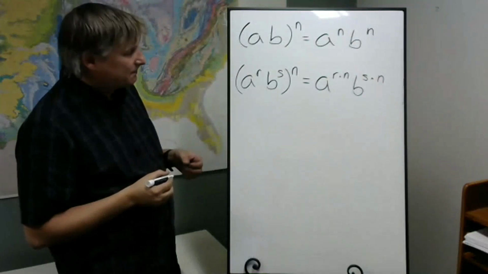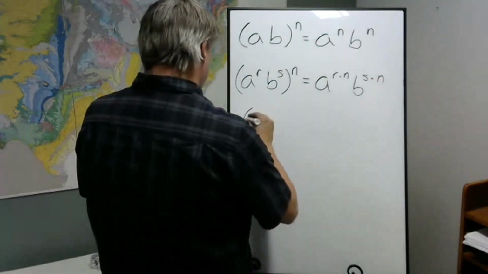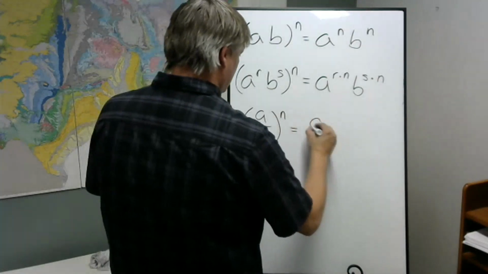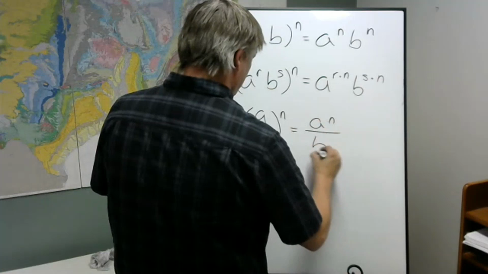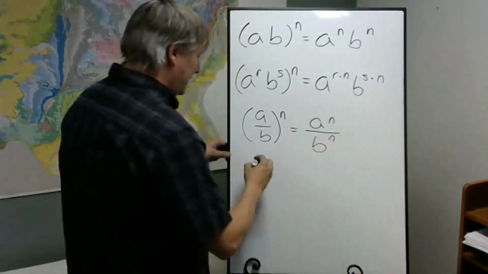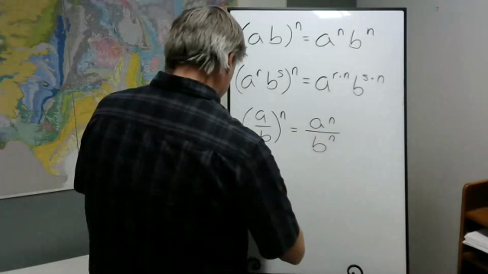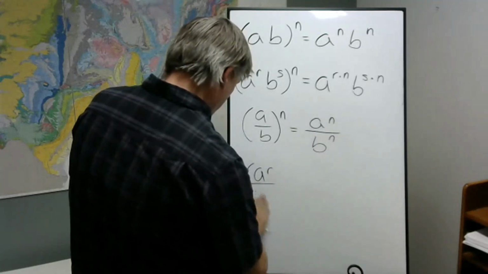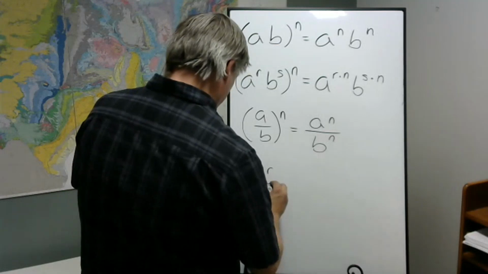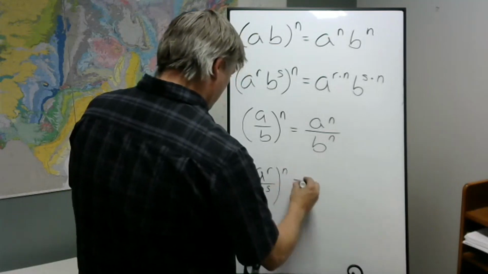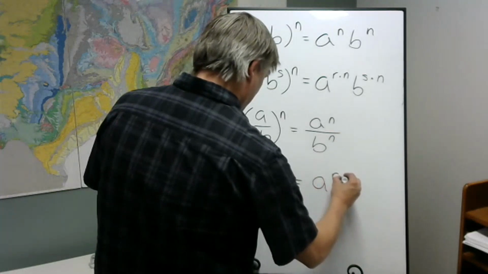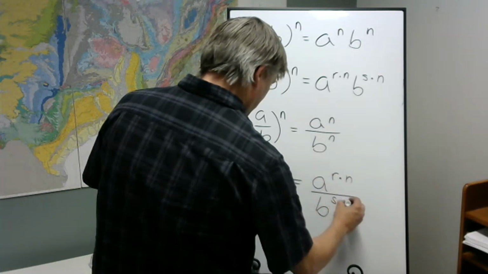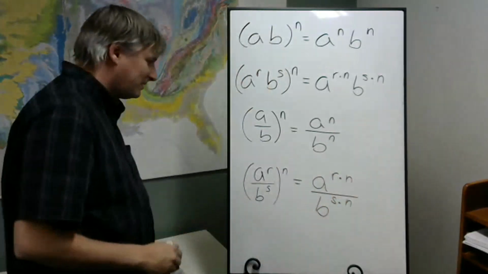So we get something like that. Same thing for the division. And if there's already exponents, and there you go.